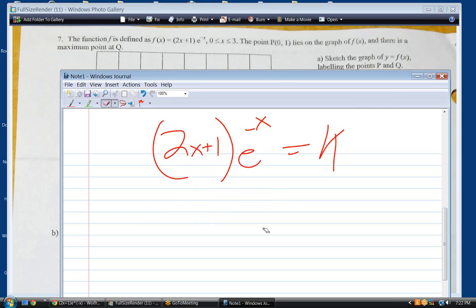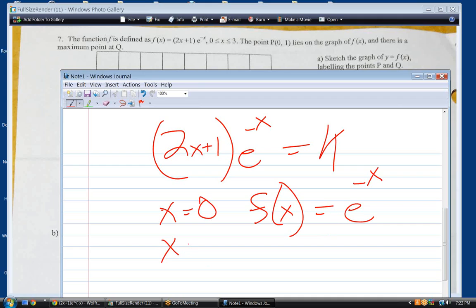Maybe they mean plugging in 0 to f of x, finding that value, and then plugging in 3 to f of x and finding that value, and that would be the range. So I plug in 0 for x. When x is 0, f of x is e to the minus x.